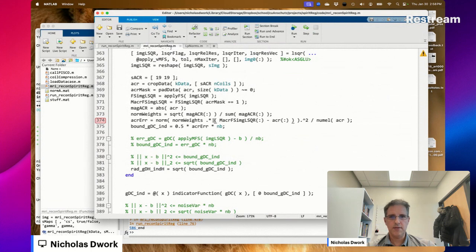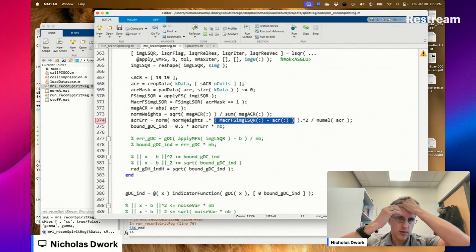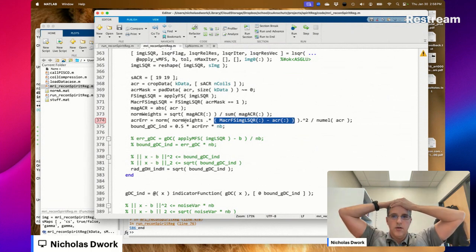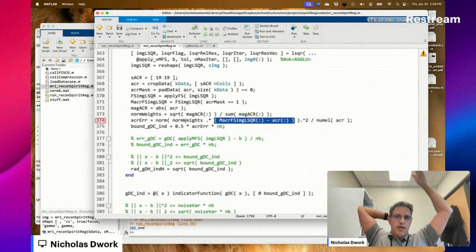So we're going to take these values, take their magnitude, square it, add a whole bunch of them together.